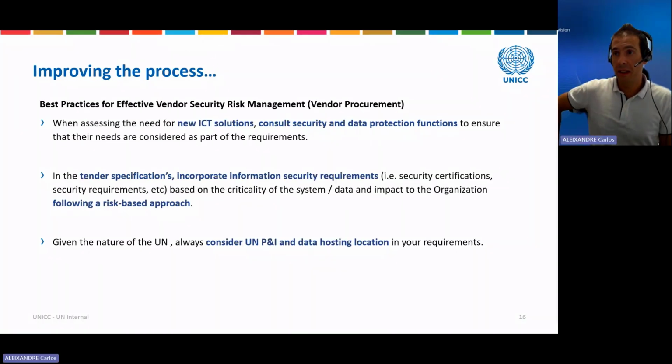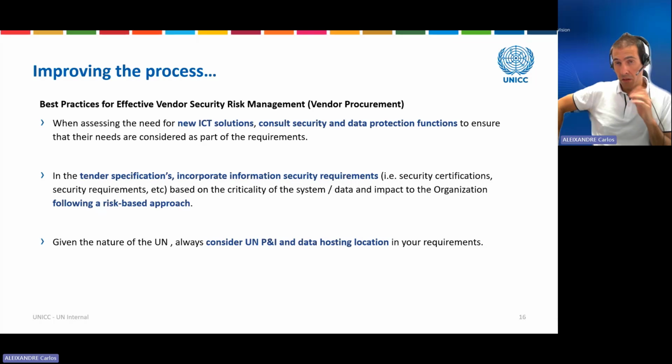Some more best practices, but now specific to the vendor procurement phase. We already talked about it, but when assessing the needs for new ICT solutions, security and data protection functions, and of course also legal, need to be consulted to ensure that their needs are considered as part of the requirements, right?